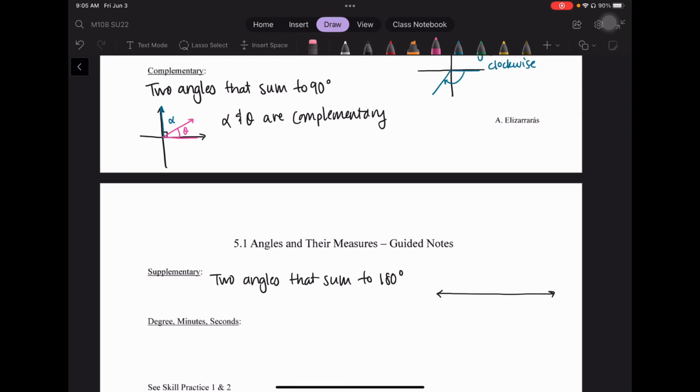In my straight line, if I have one angle that opens here, and then I have the other angle, let's call this one beta, and we'll call this one delta. In this case, beta and delta are supplementary.